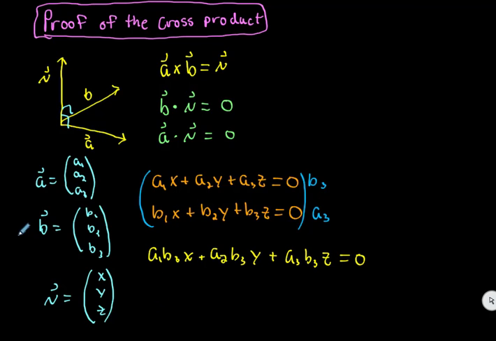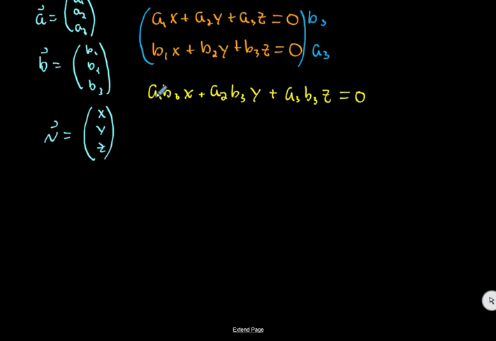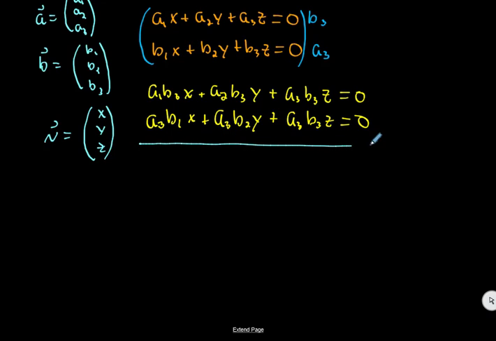Now this other equation, if I multiply by A3, I'm going to have A3B1 x plus A3B2 y plus A3B3 z, which is also equal to 0. And then when I subtract these, I subtract this whole equation from the first, I can see I've got like terms.